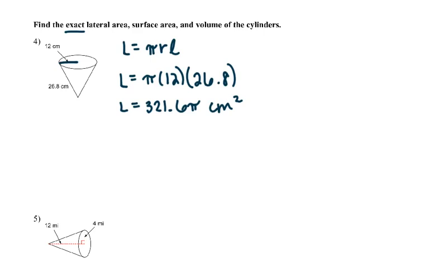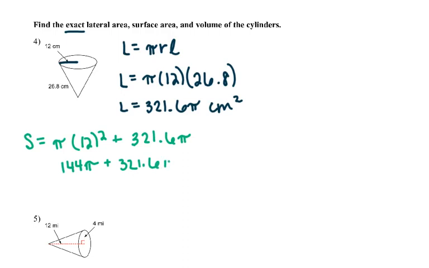Now, for our total surface area, we need to add in that base. There's only one base, so we're going to add in a pi r squared, and r is 12, and we need to add that to that lateral area. And so that's 144 pi plus 321.6 more pi.